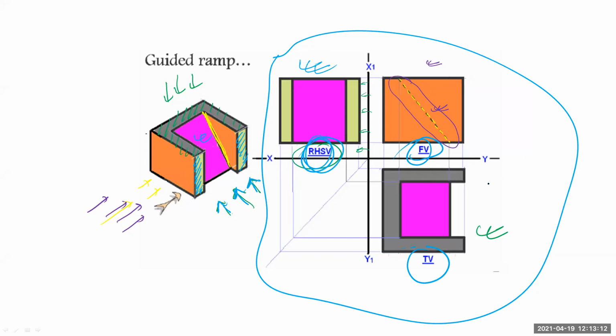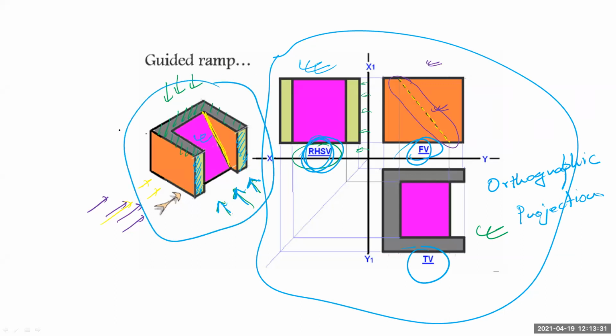This is called orthographic projection. Whereas this 3D view on the left hand side, you can see this is called isometric view.